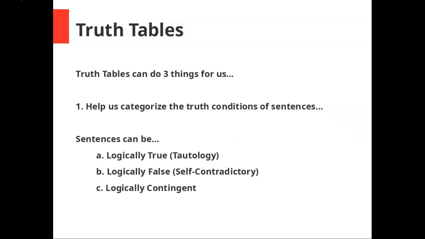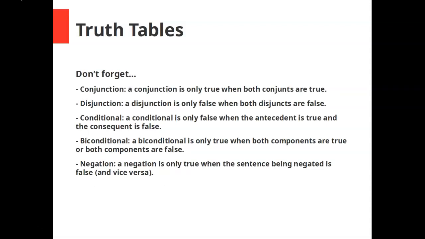So again, sentences can be logically true, or tautology, logically false, self-contradictory, or third, logically contingent. And truth tables can help us determine which category a particular sentence falls into. One thing to keep in mind, and I will link the video where we went over these previously in the description of this video, these are 5 rules that you have to keep in mind in order to do truth tables.